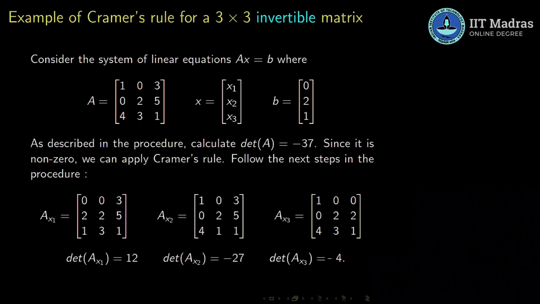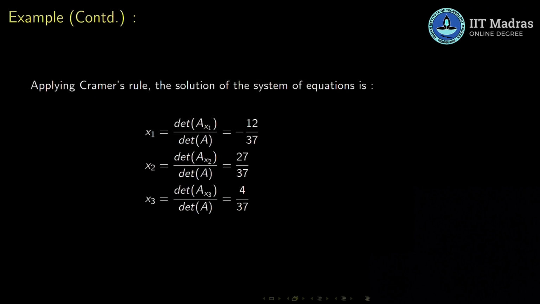Then we compute their determinants. The determinant of A subscript x1 is 12, you can check this. Here the first row has 2 zeros, so this is an easy computation. Similarly, for A subscript x2 you can check this is minus 27, and for A subscript x3 the determinant is minus 4. Then by Cramer's rule we get that the solution to this system of equations is x1 is minus 12 by 37, x2 is 27 by 37 and x3 is 4 by 37.